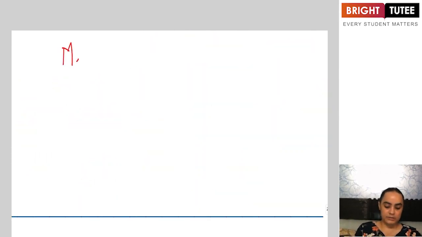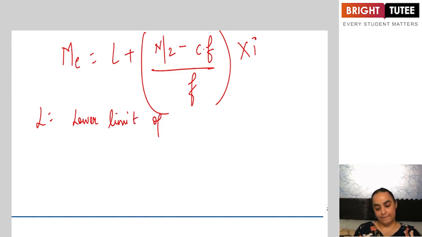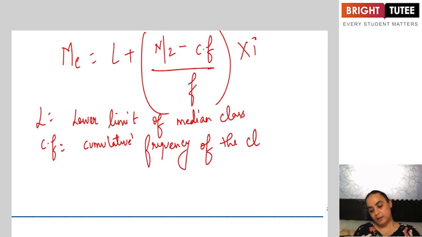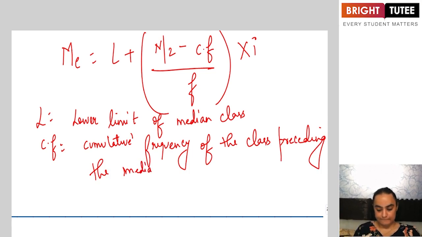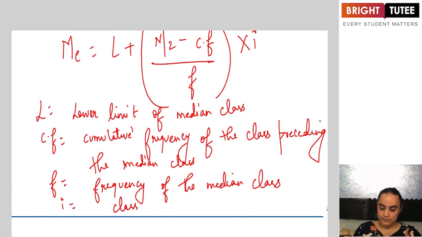The formula for median, I'll write it again, is L plus (N by 2 minus CF) upon F, into I, where L is the lower limit of the median class, CF is the cumulative frequency of the class preceding the median class, F is the frequency of the median class, and I is the class interval.